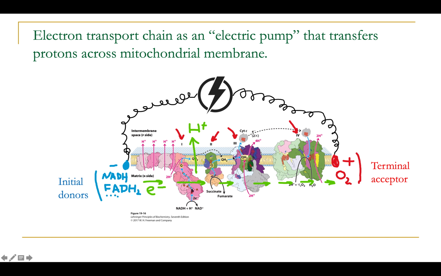This way, complex 3 can oxidize ubiquinol back and get reduced. In turn, complex 3 has lower affinity for electrons than cytochrome C. So this way, the reduced form of complex 3 can be oxidized back to the oxidized state, and the reduced form of cytochrome C has lower affinity for electrons than complex 4.